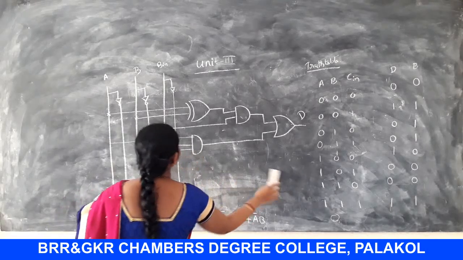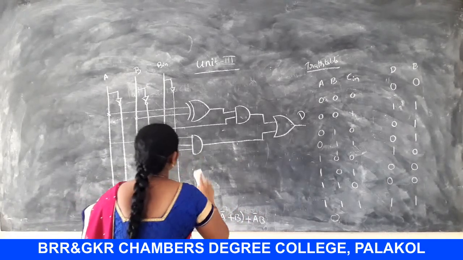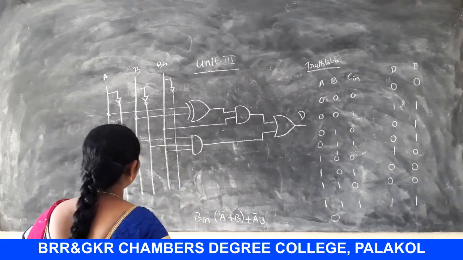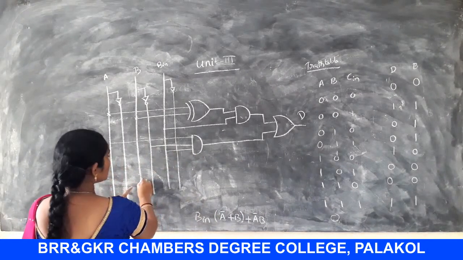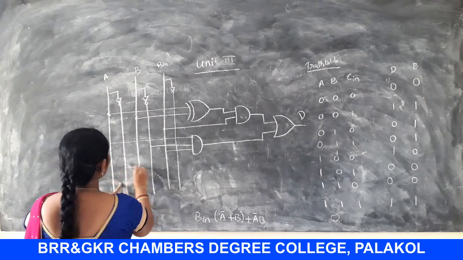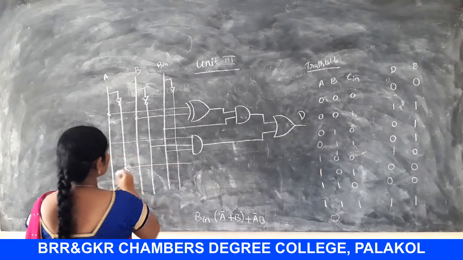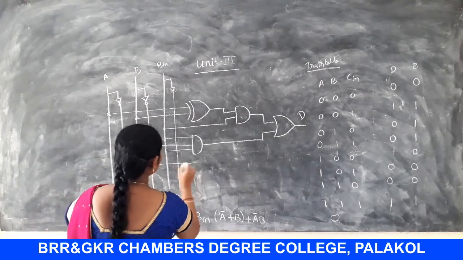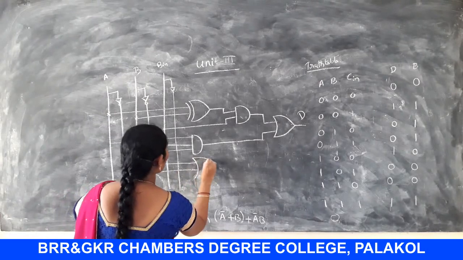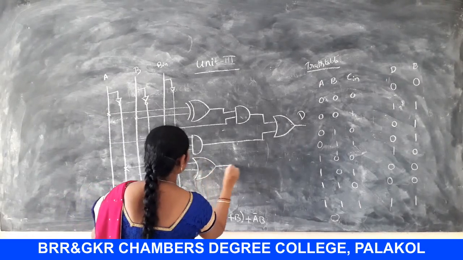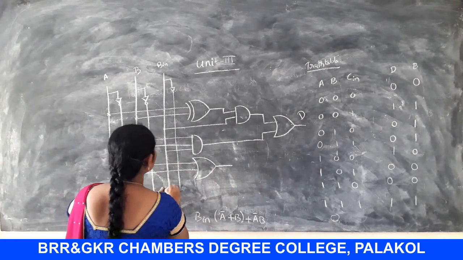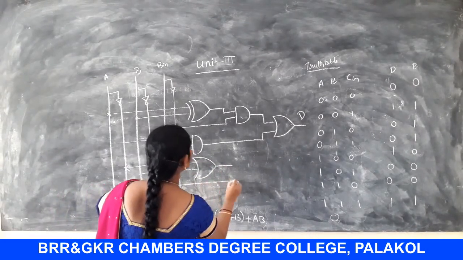So for this A bar B, so here this is A bar, this is A bar, next one is plus B, which is nothing but an OR gate. Okay, so this OR gate is AND with B in. So here this is the B in.